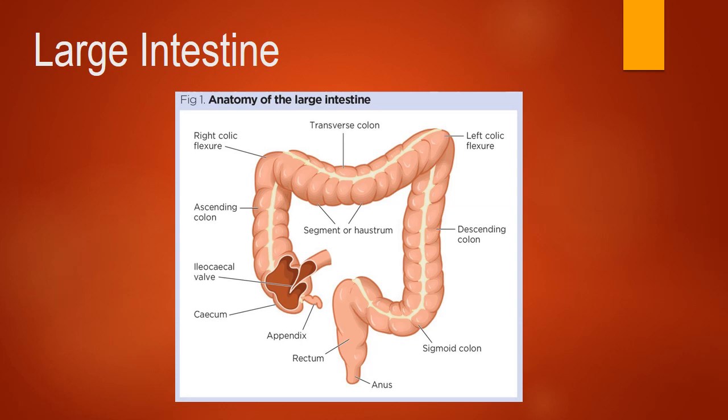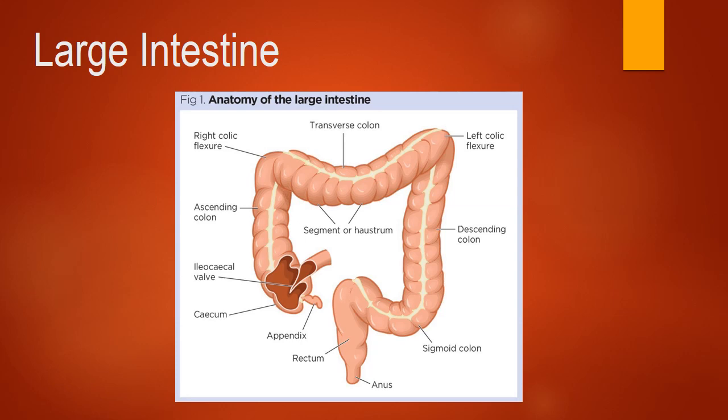Did you understand? The large intestine is wider and shorter than the small intestine. It is about 1.5 meters in length. What is its function? It absorbs water and some salts from the undigested food material.